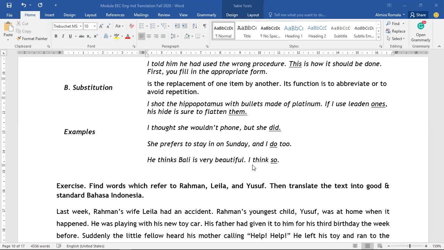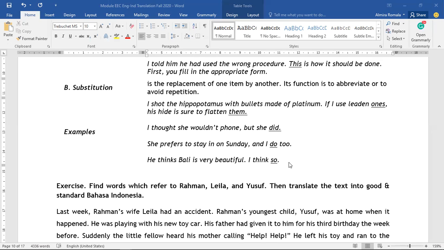We can make another variation of the sentence in Bahasa Indonesia instead of translating only like "aku pikir juga," juga apa? So perhaps if we want to make it clear, we can translate "I think so" into "aku mempunyai pendapat yang sama."